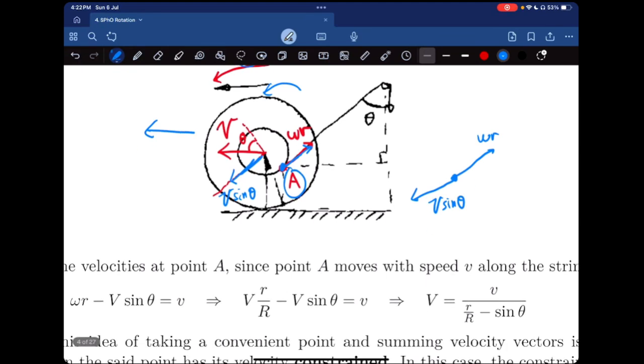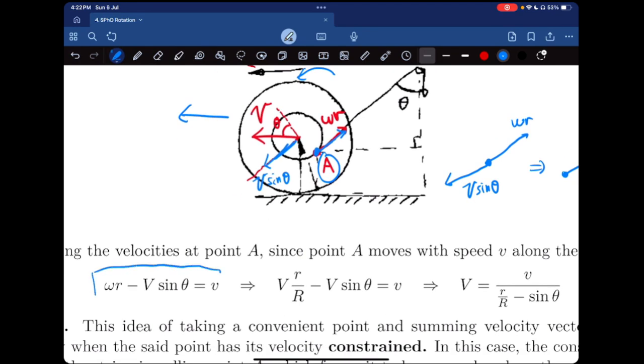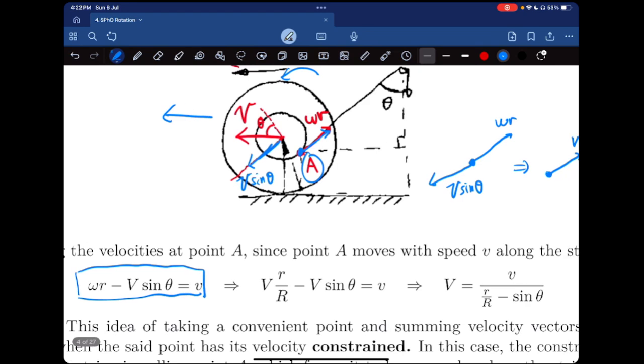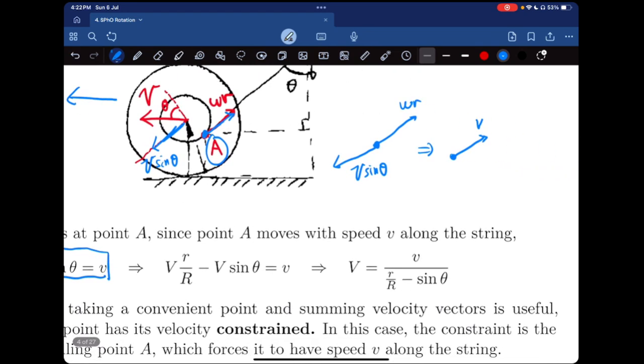And these will sum up to small v here. And this is what this equation is. And that is how you get your other equation that you need by fixing the velocity of some point on the body. So now this is a matter of rearrangement and using omega, and you eventually get this.